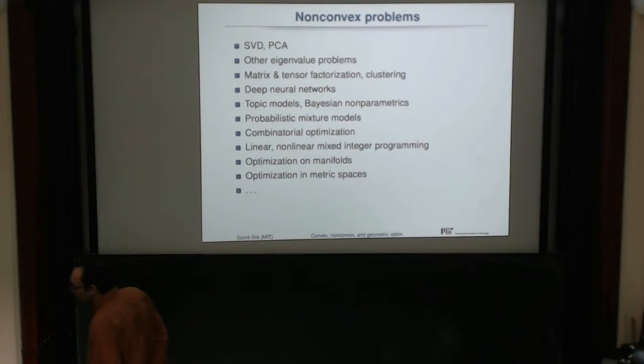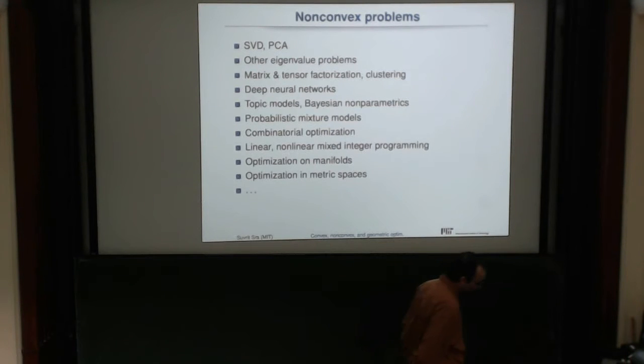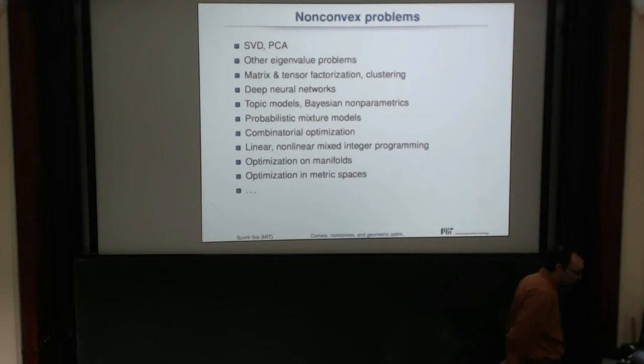More popular things in the machine learning community are things like matrix factorization, tensor factorization, clustering data, constrained matrix factorizations, and topic models. You may have heard of latent Dirichlet allocation or other such topic models where data mining companies try to look at millions of documents and automatically group them into topics for your consumption.